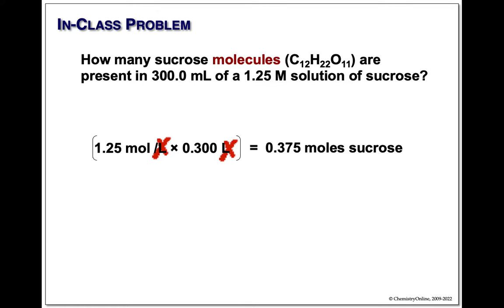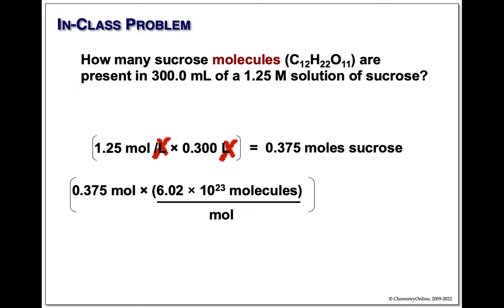We also know that 1 mole contains 6.02 times 10 to the 23rd molecules. Multiply this by Avogadro's number, moles cancel, and we get molecules. 2.26 times 10 to the 23rd molecules. Any questions?